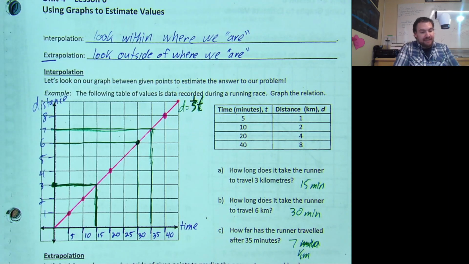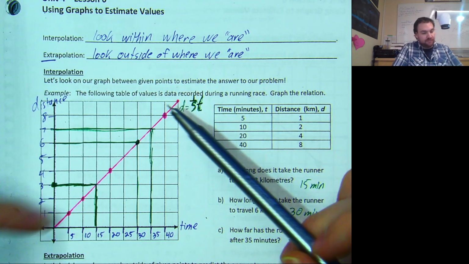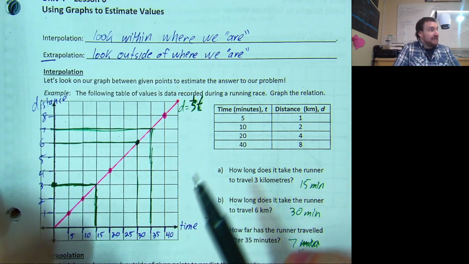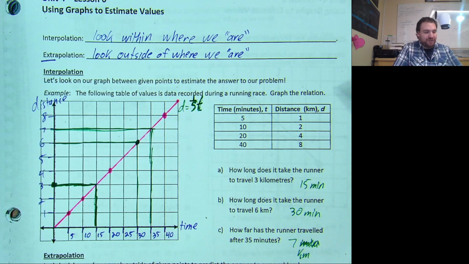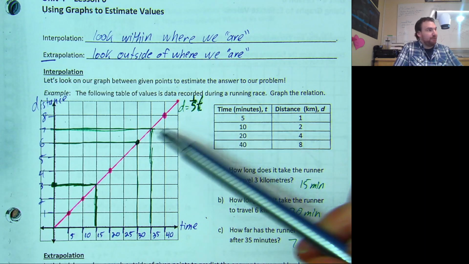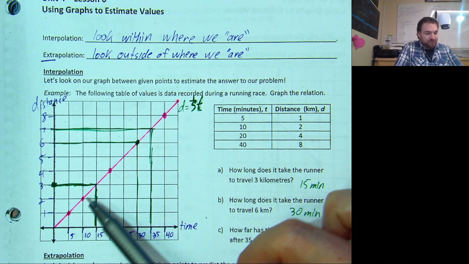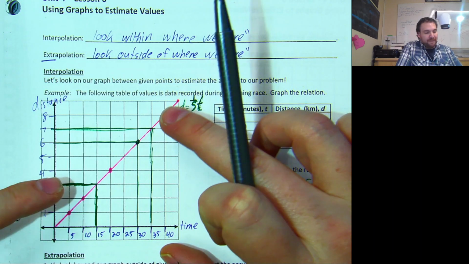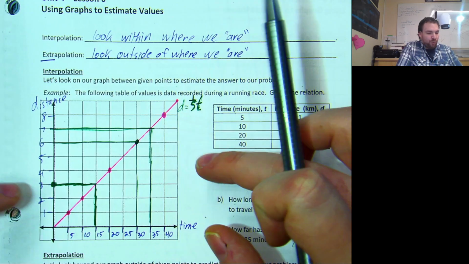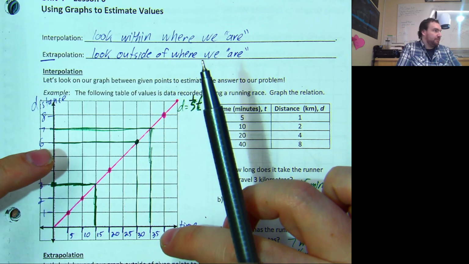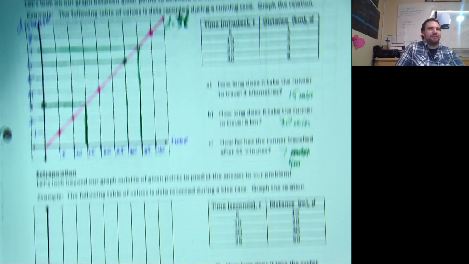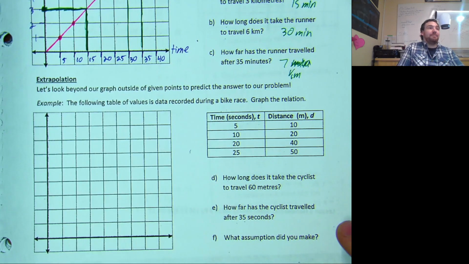We looked within the data set we were given and found things that were within our data. We used the data to graph a relationship, and then we looked at what was going on between the beginning and the end. Interpolation will make more sense when we extrapolate. We don't often interpolate. Interpolation is not as awesome. Extrapolating is much more useful.